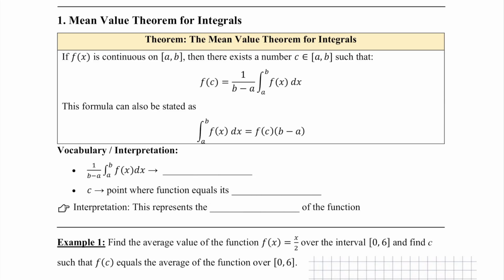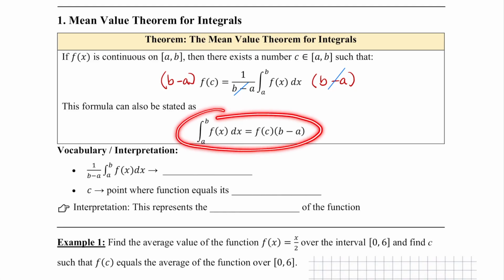Let's break this down. This expression on the right represents the average value of the function over the interval. If we multiply both sides by b minus a, this cancels out. We end up with this formula.